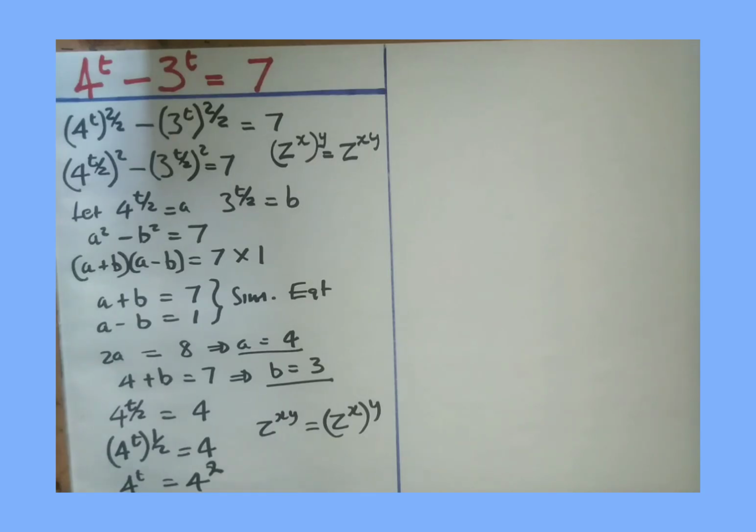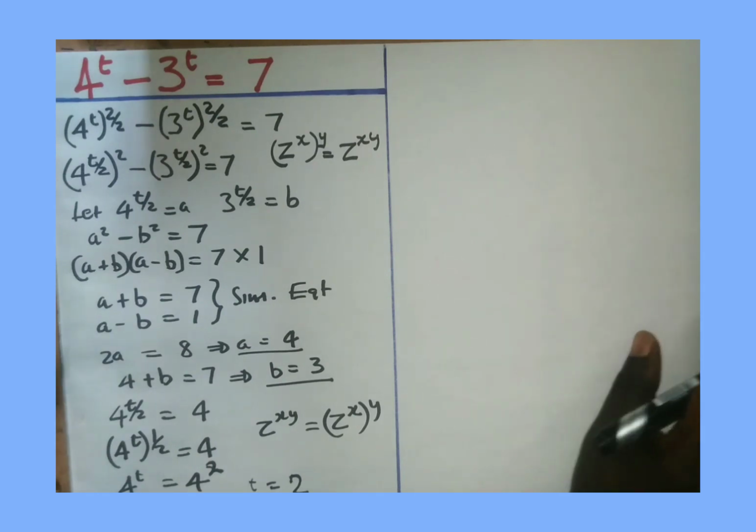On the left-hand side, the index here is t. Since we are using the same base, which is 4 on this side and 4 on that side, we can equate the indices. So t is equal to 2. So finally, we've got our t is equal to 2 after equating the indices.